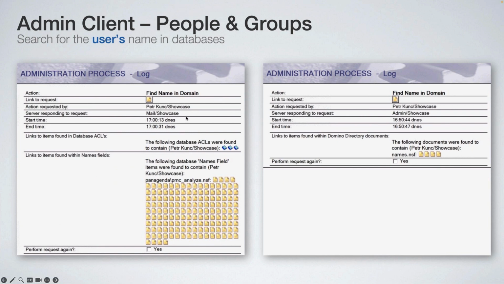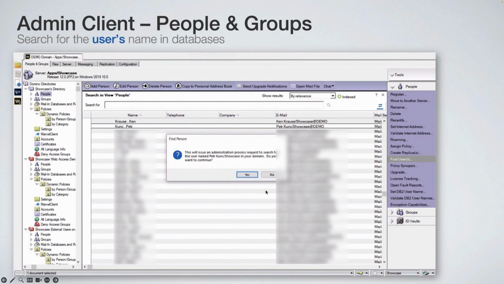So this name, Peter Kunz, is mentioned in these specific files and these Domino directory documents. One will be a person document, another will probably be a group membership, and so on. So this is a good way that is there out of the box, and you can just use it by clicking find user.